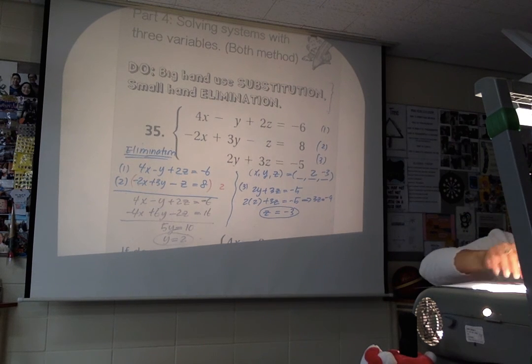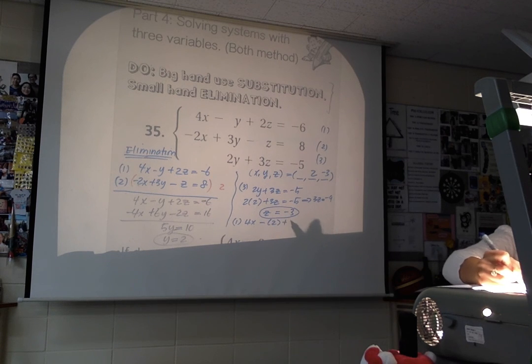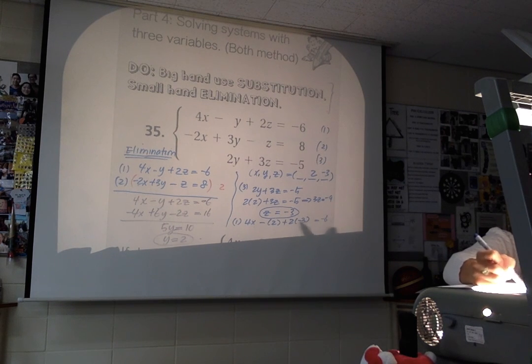Well, we know y and z, so you can plug it into any of these if you want, okay? So I'm going to choose the first equation. 4x, we don't know. But what's y? We know it's 2. What's z? We know it's negative 3, and that's equal to negative 6 according to equation 1. That's negative 2, negative 6, that's negative 8, plus negative 6. So we're going to add 8 to both sides, right?